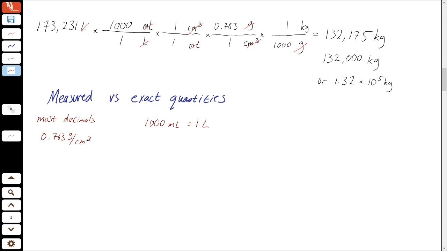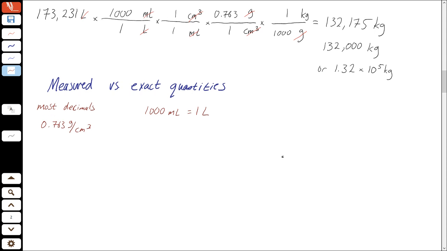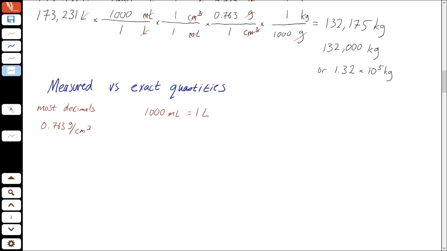Quantities that you're given at the beginning of a problem are generally measured numbers. A couple just weird exceptions there. There are exactly 2.52 centimeters in an inch. So that's actually an exact number, even though it looks like a decimal. But that's why we don't use those 1000s to help to calculate that significance.